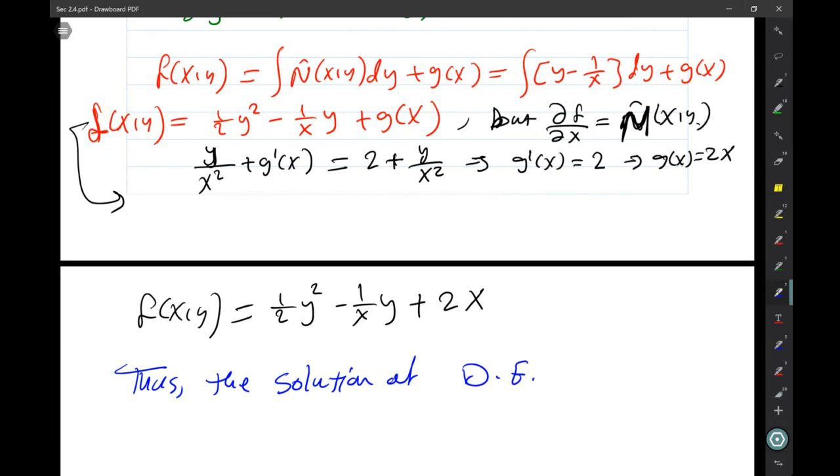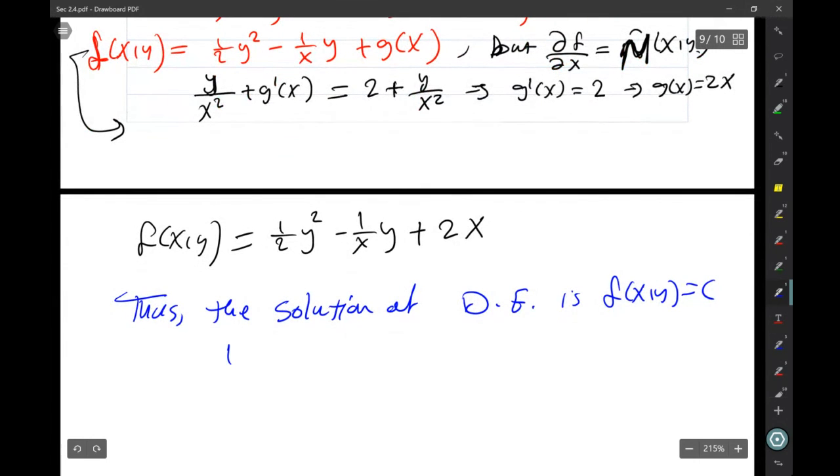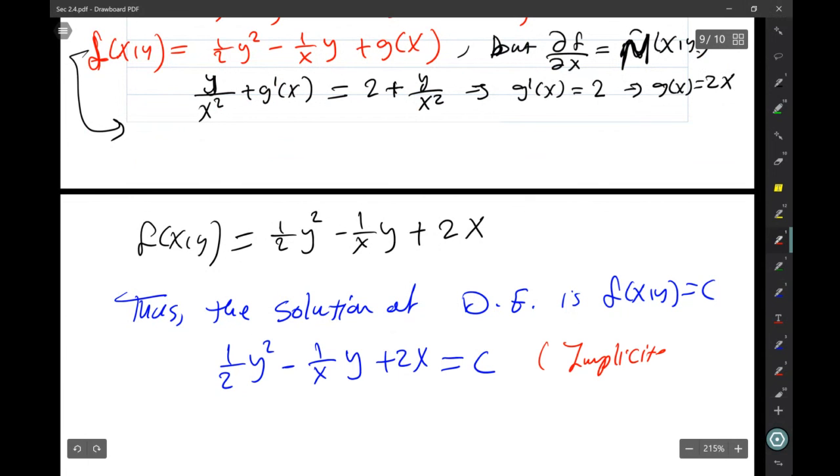The solution of the equation is now equal to what? f of xy equals c, which is half y squared minus 1 over x times y plus 2x, is equal to the constant c. Now you cannot separate y, so this is an implicit solution.